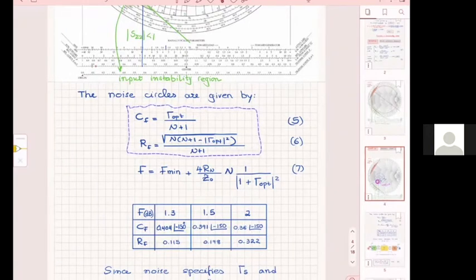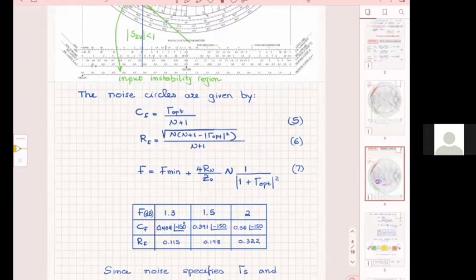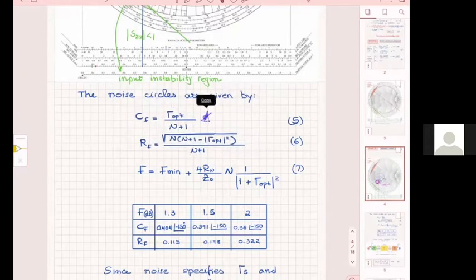And you remember how we do that? I did a table where you start varying the n values. I don't have n here, but knowing gamma optimum, as you can see in this case, and the values of n, you find CF and RF for each one of these values.